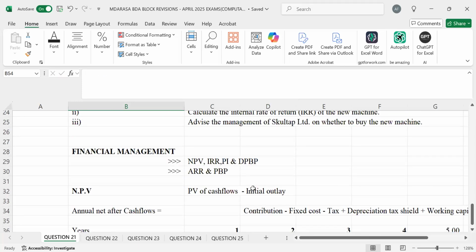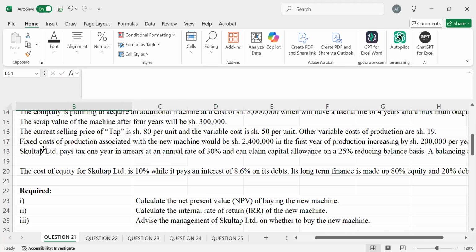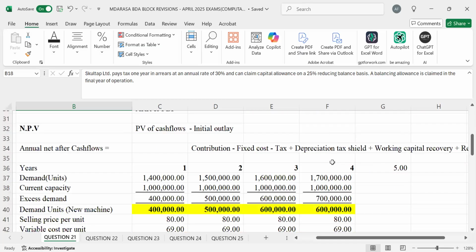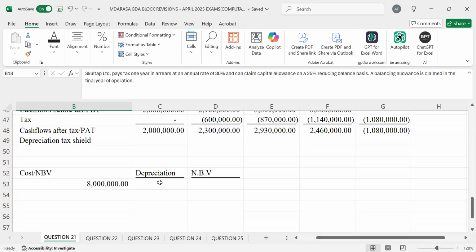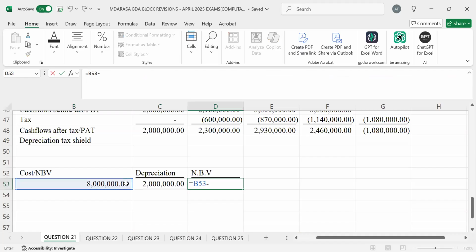Depreciation is on reducing balance at the rate of 25%, as per what you are given in this statement. So we take 25% times our cost. So our NBV will therefore be that minus that.